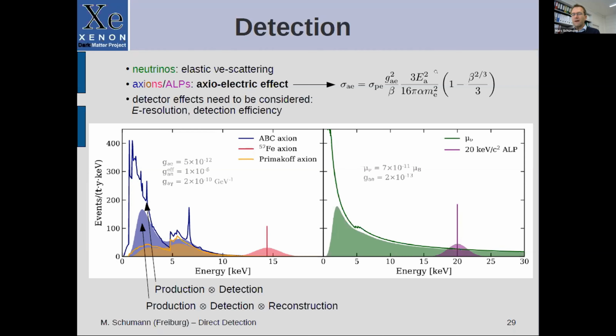And then you can write equations, and you can detect these kind of particles in liquid xenon detectors. What you see here is the dashed line is production and detection, so production in the sun, for example, and detection in a liquid xenon detector. If you take reconstruction into account, energy resolution, detector efficiency, and so on, you get the solid curves, the solid regions. That is what you expect to see in our detector.